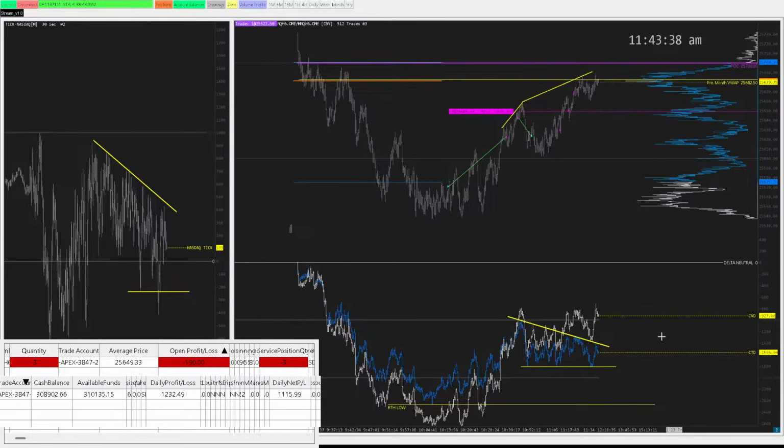It's just Sierra Chart, which I think is the best trading platform that's available, hands down. Not even close. I've tried them all, from NinjaTrader to ATAS, Quantower. They all pale in comparison to Sierra Chart.